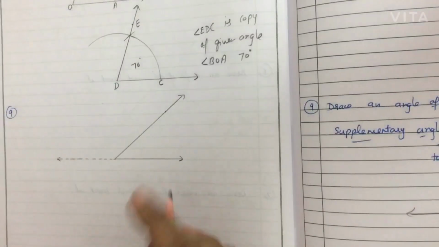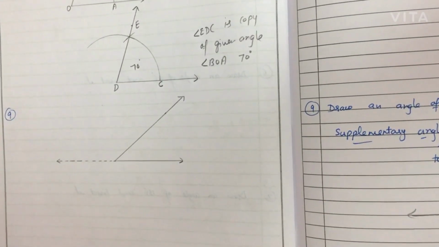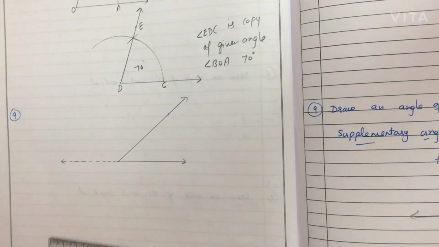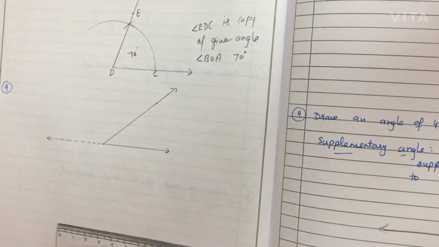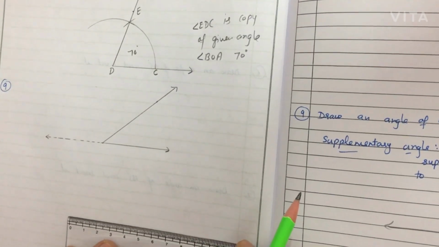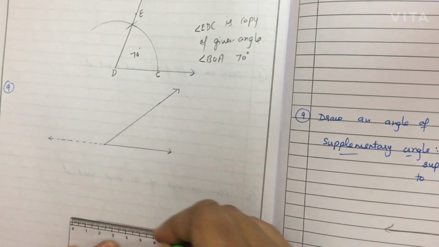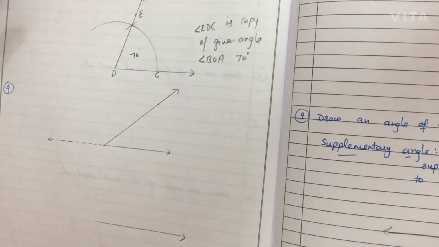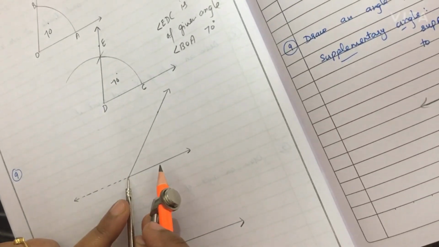But we have this angle of 40 degrees. We have to copy its supplementary angle. So we will take one more ray to copy the supplement of 40 degrees. Take the ray, open your compass as much as you want, and keep it on the given vertex.